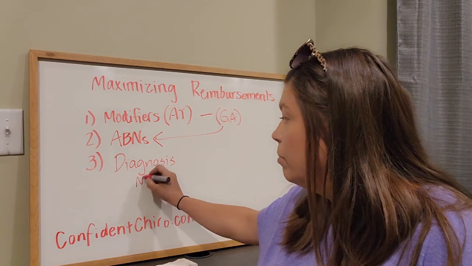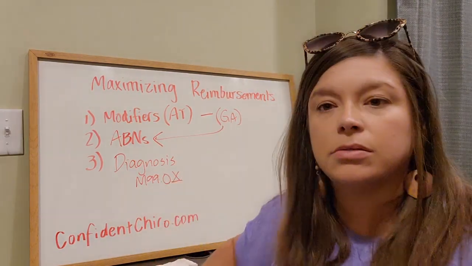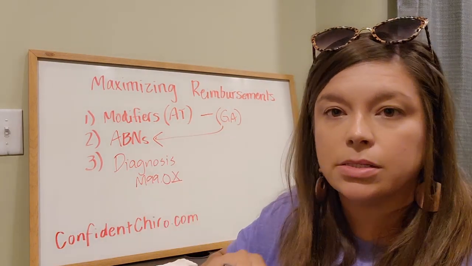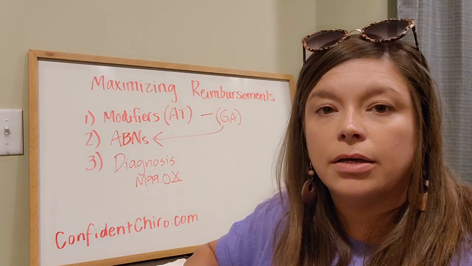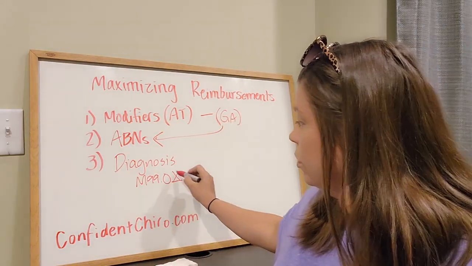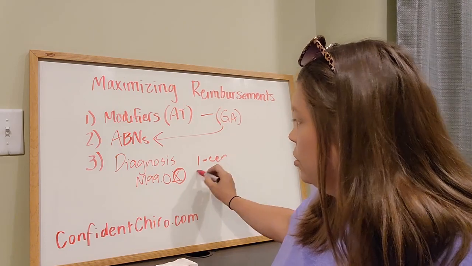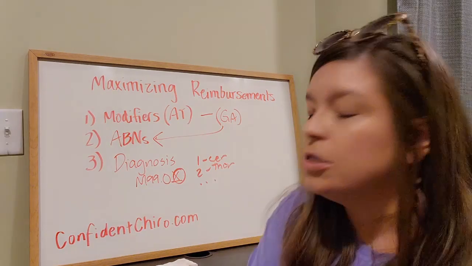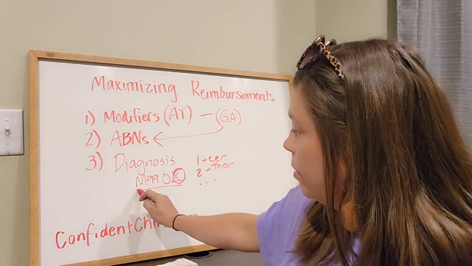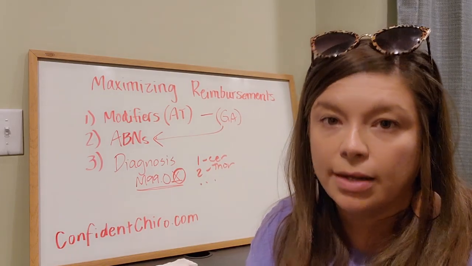Basically, you're going to see your M99.0X. That X represents maybe cervical, maybe lumbar, maybe thoracic. Whatever number is there will direct the region. I think 1 is cervical, 2 is thoracic, and so on. This has to be the primary diagnosis on your claim, or else Medicare is going to deny it.